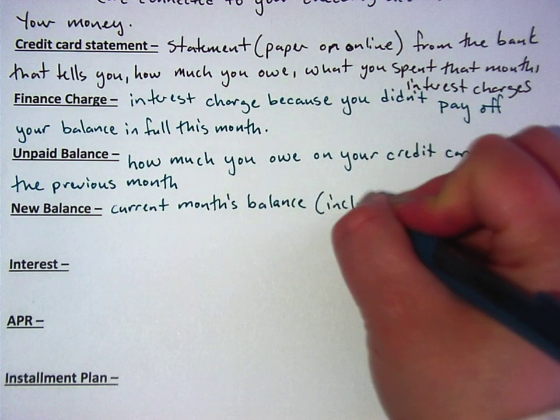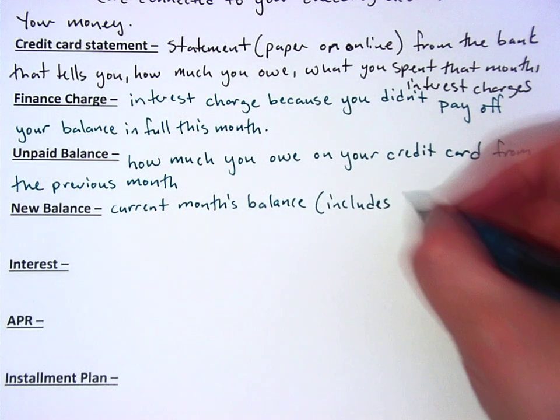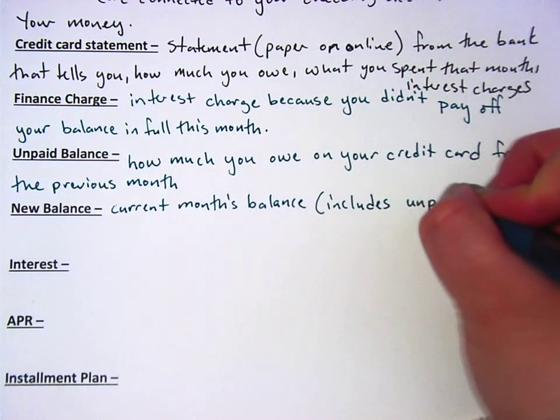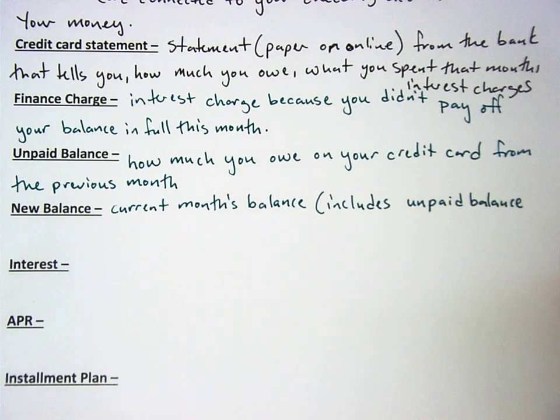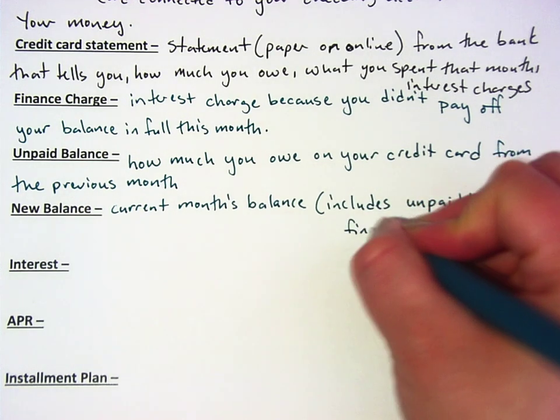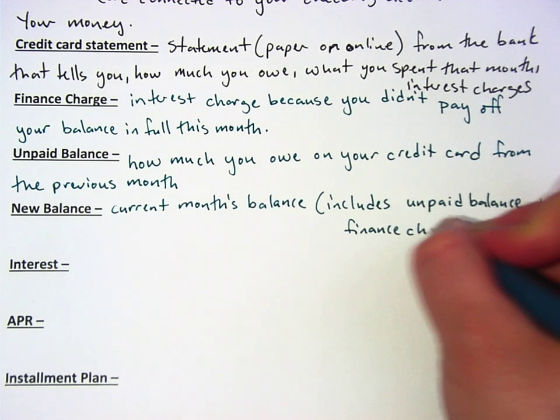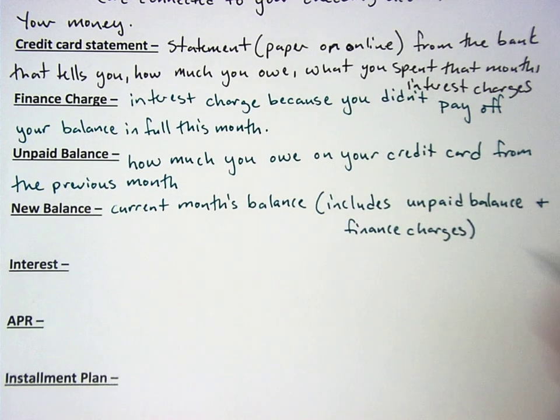This includes the unpaid balance, and any finance charges you get, and your new charges, how much you added.